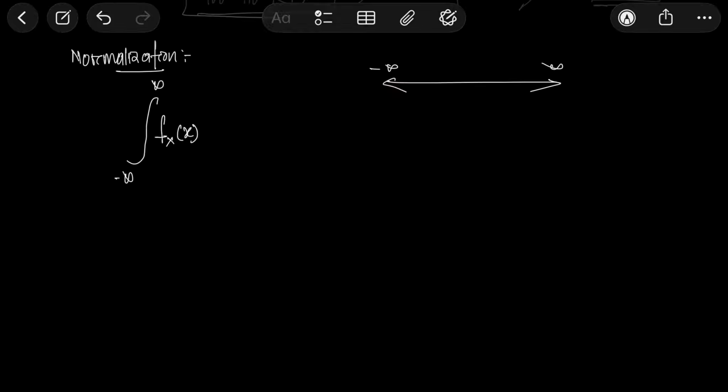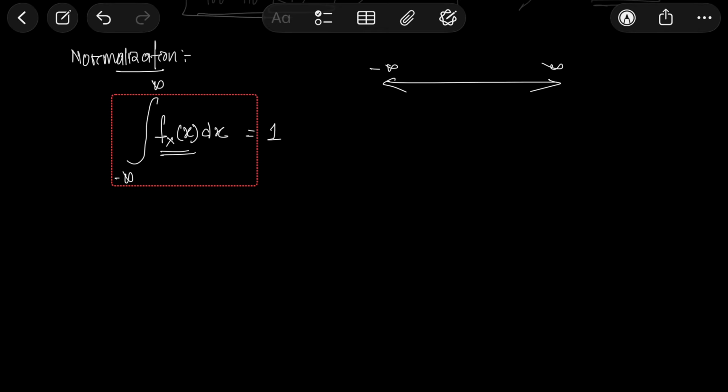In normalization, the property says integration from minus infinity to infinity of f of x. The number line starts from minus infinity to infinity. We will check whether this condition is true or not. You will integrate the PDF from minus infinity to infinity, up to dx.